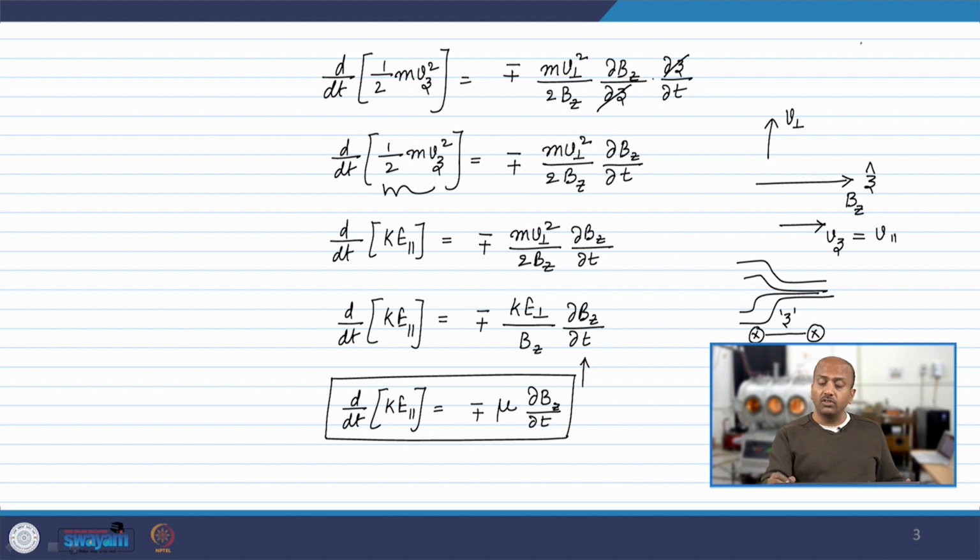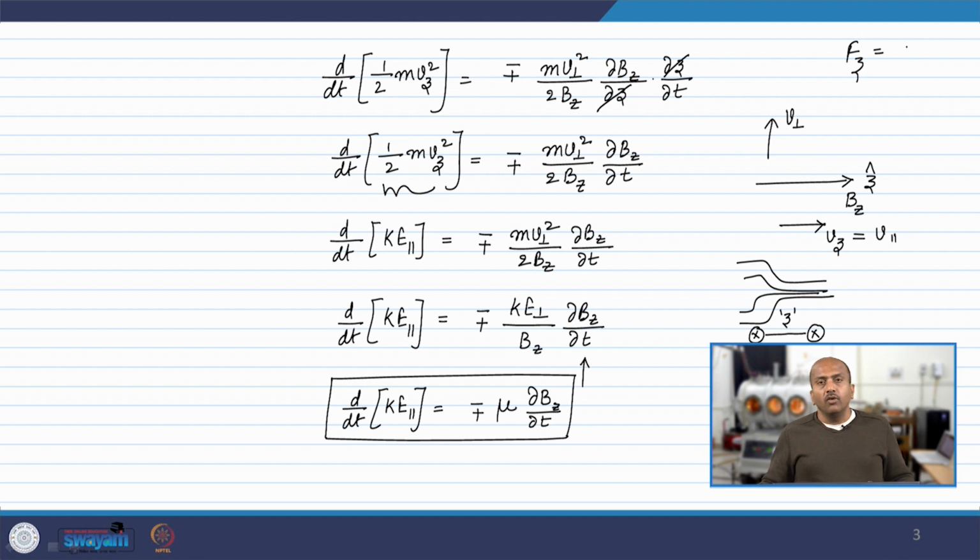The earlier form of this expression is in terms of the force along the z axis. But now we have seen that, whatever happens, the kinetic energy is changing, right? And who is compensating for this change of kinetic energy? The rate at which the magnetic field changes is actually at the expense of the particle traveling along a particular direction.